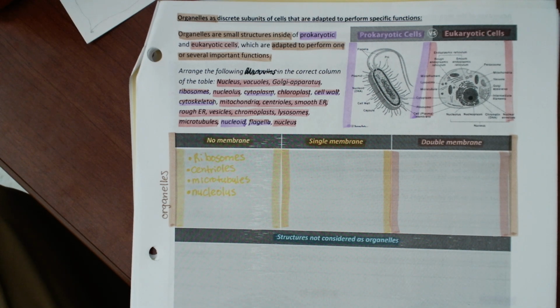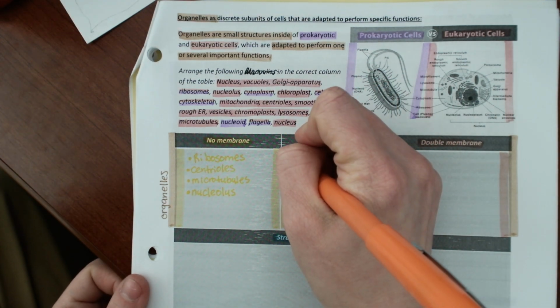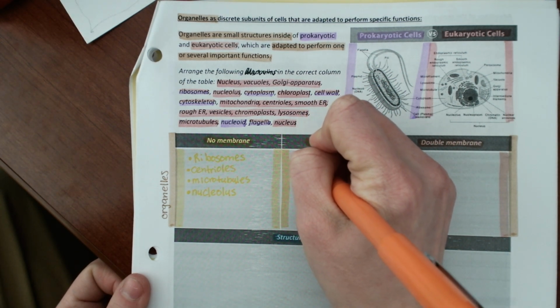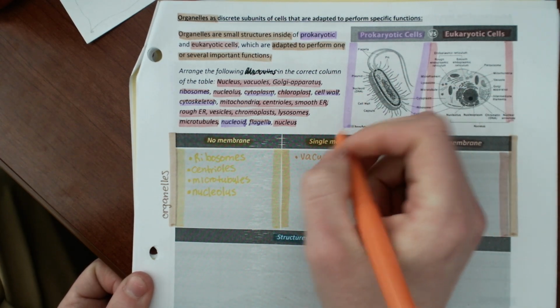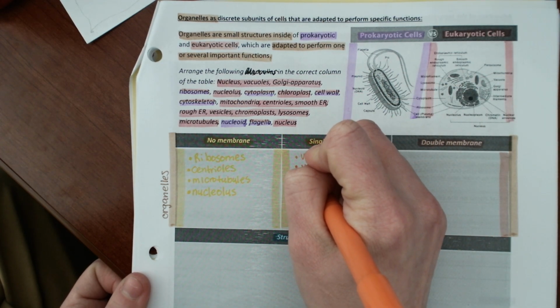Your things that have a single membrane, so one phospholipid bilayer looped around, are your vacuoles, which are mainly in plants. Your vesicles.